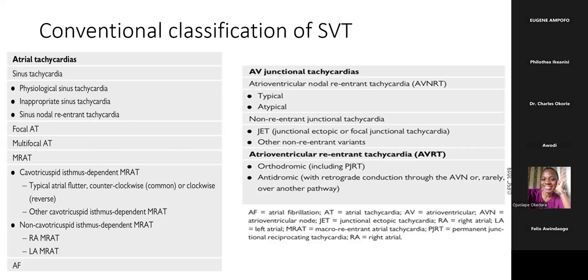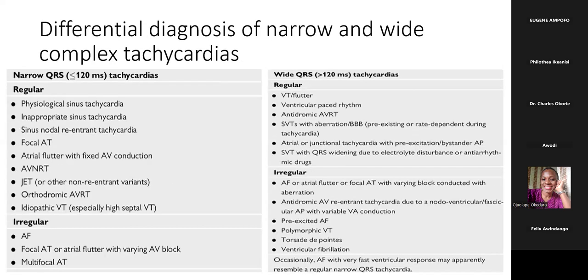Then the AV junctional tachycardia, we have the AVNRT, the typical and atypical. And then we have the non-reentrant junctional tachycardia and then AVRT, the orthodromic and then the antidromic. Then the next slide will tell us the differential diagnosis. They are just what I have just said. We have the narrow complex and then the wide complex.